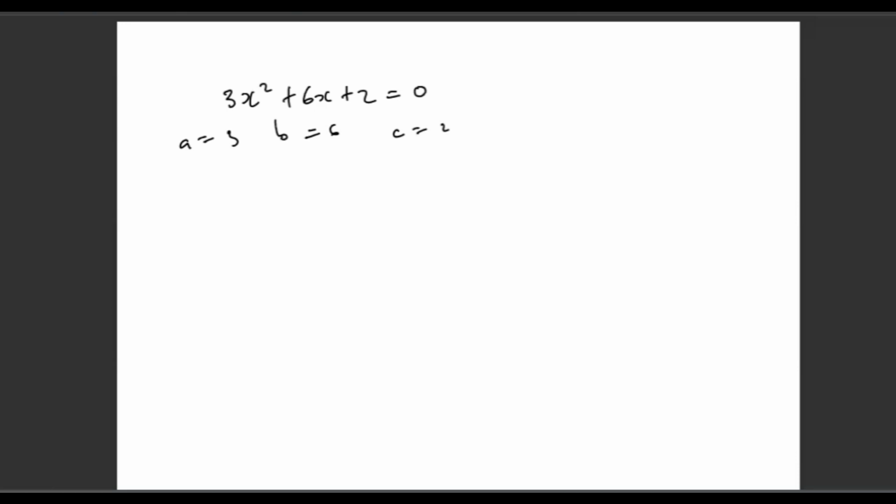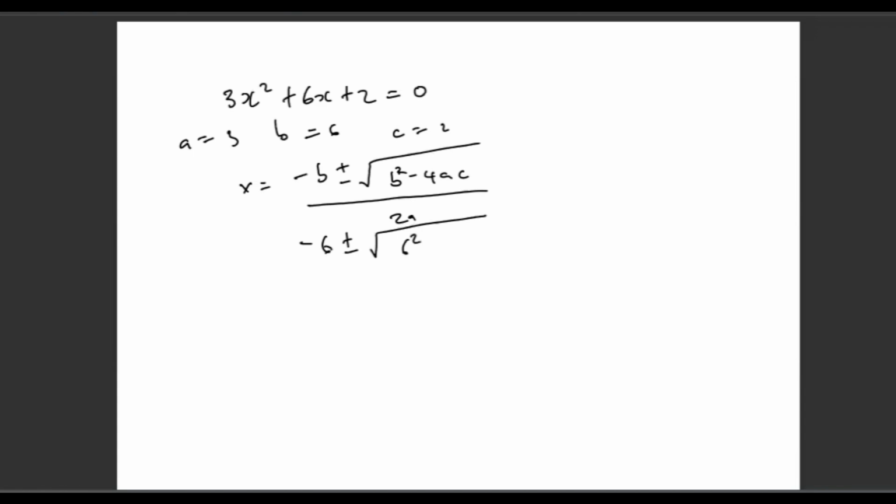From the quadratic formula, we know that x is equal to negative b plus or minus square root of b squared minus 4ac, everything over 2a. We do the substitution. It's going to be negative 6 plus or minus square root of 6 squared minus 4 multiplied by 3 multiplied by 2, everything over 2 times 3.